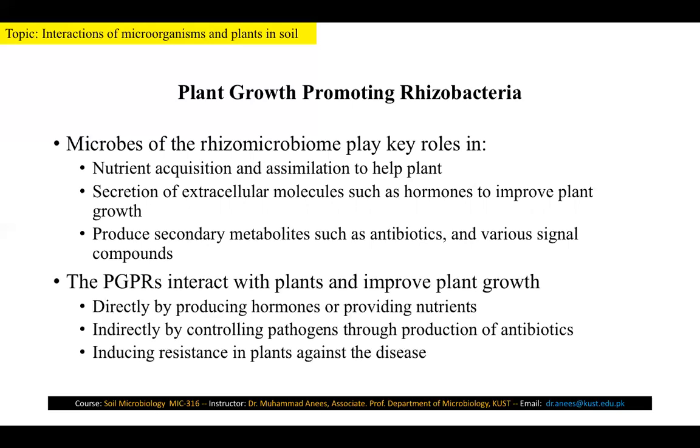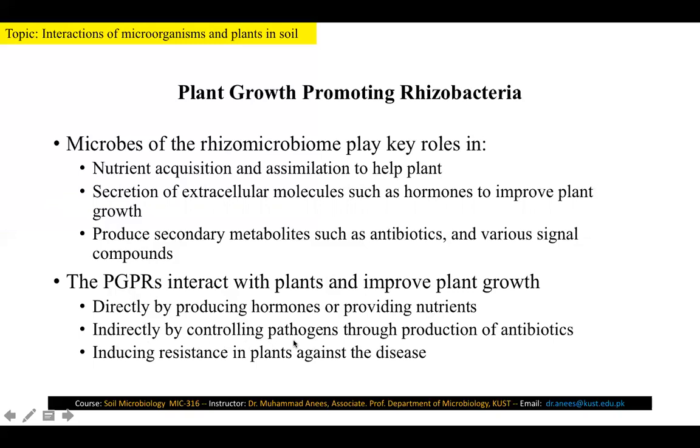The PGPRs in this way interact with the plants and improve plant growth either directly by producing hormones as we have discussed above, or indirectly.